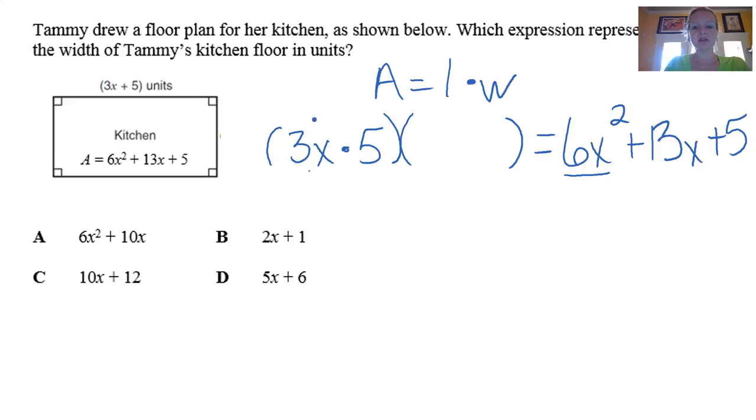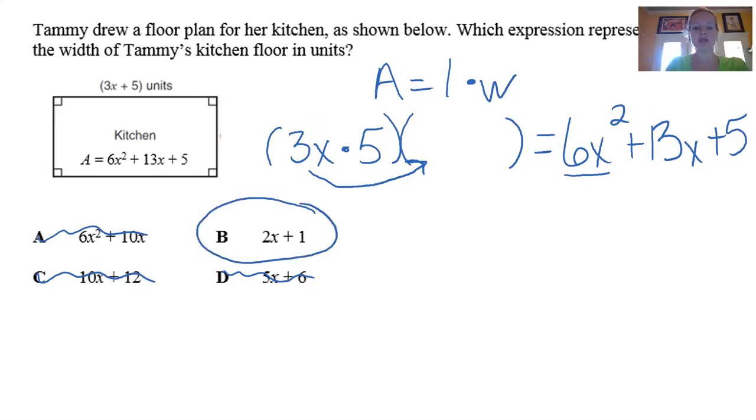So using the FOIL method, I know that 3x times something has to give me x squared. That rules out A, and that rules out C. Now I'm looking at 2x plus 1 and 5x plus 6. Well, 5x is not going to give me 6x squared. So I'm only left with answer choice B.